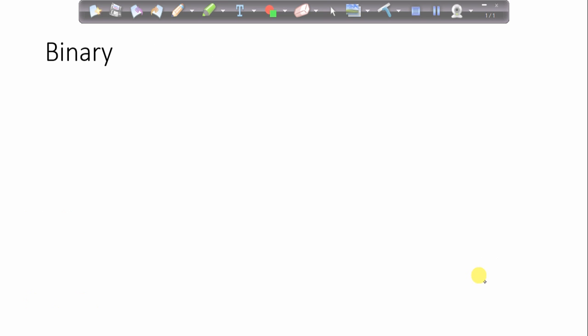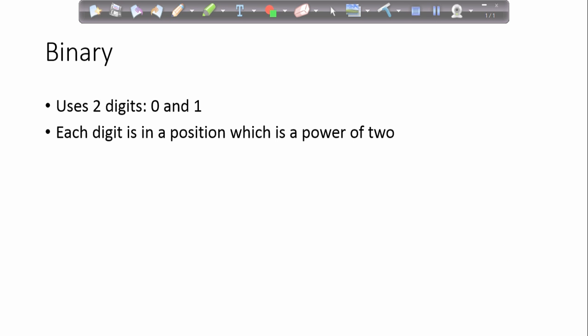So the number system that we're really interested in today is binary, because the computer is working with zeros and ones, whether current is flowing or not, whether connection is made or not. It uses 2 digits, 0 and 1, to represent those on-off conditions.